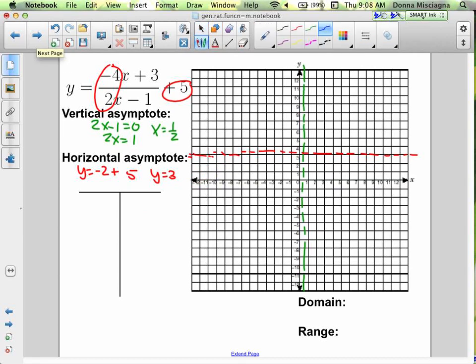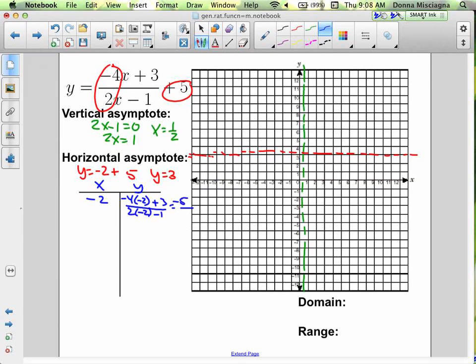All right, so now we'll plug in values. I'm not going to even try to think of anything that would be an integer. We'll just plug them in on the two sides. So we'll use 1, 2, and 3, and 0, -1, and -2. All right, so -2's first. -4 times -2 plus 3 divided by 2 times -2 minus 1. It's going to give us -8 plus 3, that's -5.